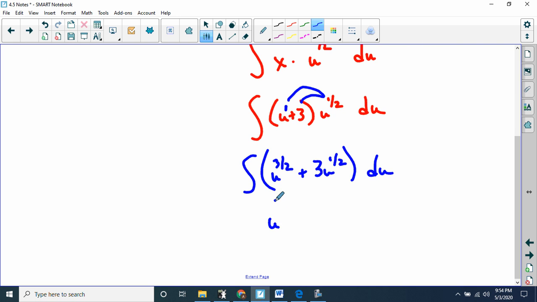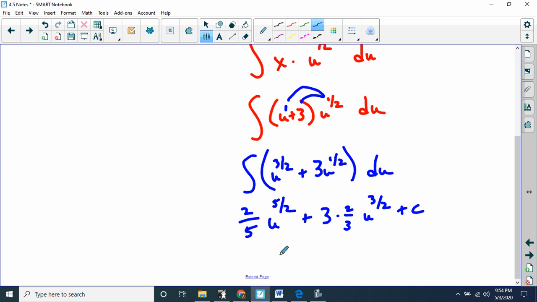Add 1 to the exponent. And divide by that same thing. So here, divide by 5/2 is multiply by 2/5. Divide by 3/2 is multiply by 2/3.